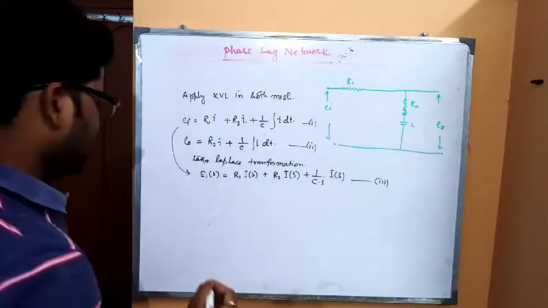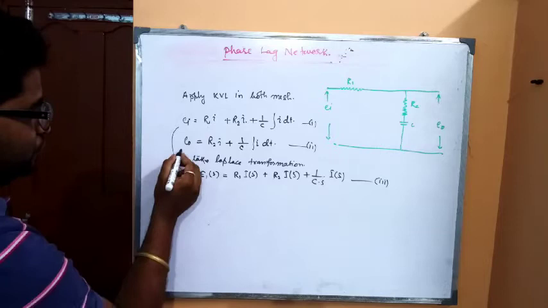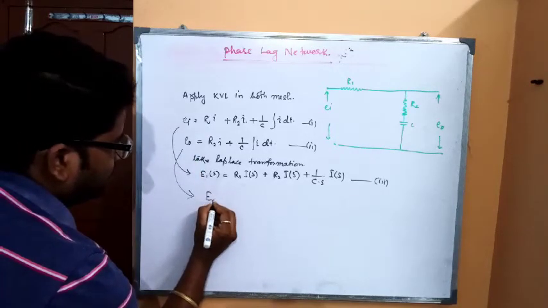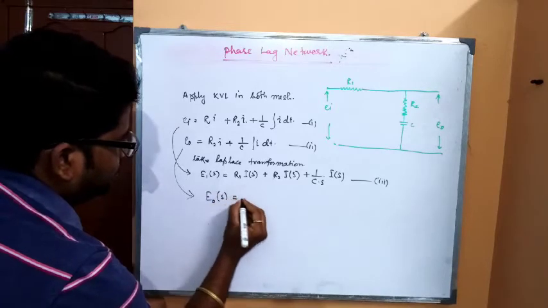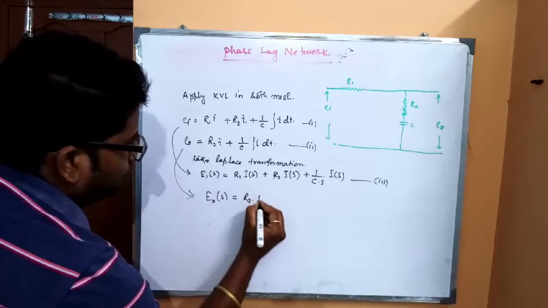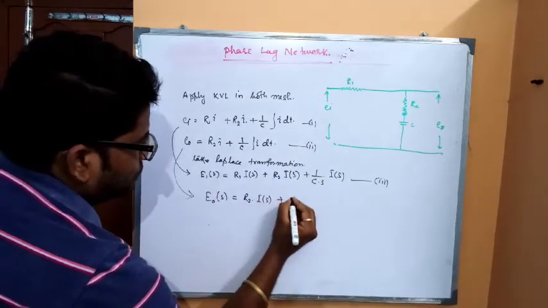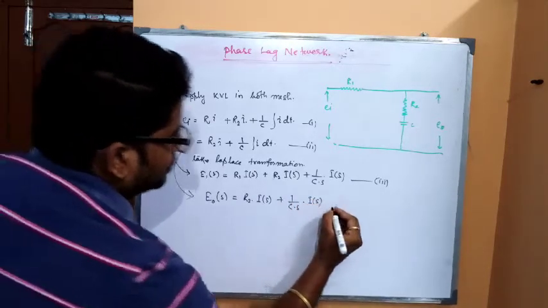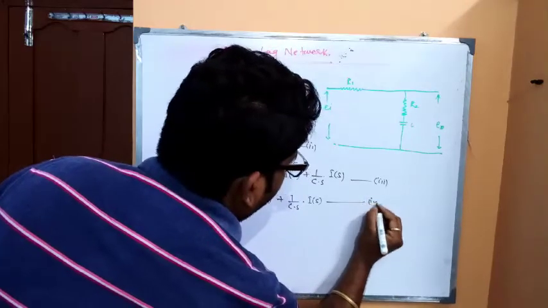Now equation number 2, with the Laplace transformation, becomes E0 of S equal to R2 into I of S plus 1 by C S into I of S. This is equation number 4.